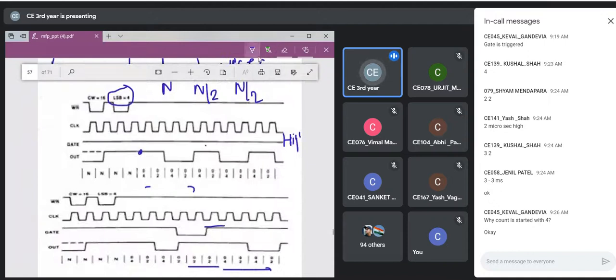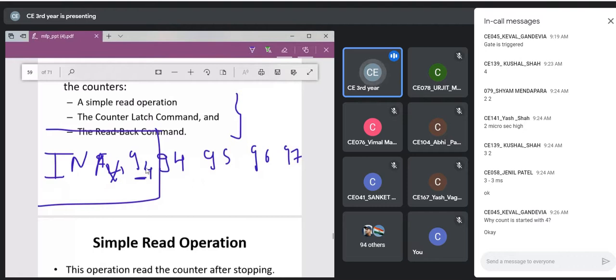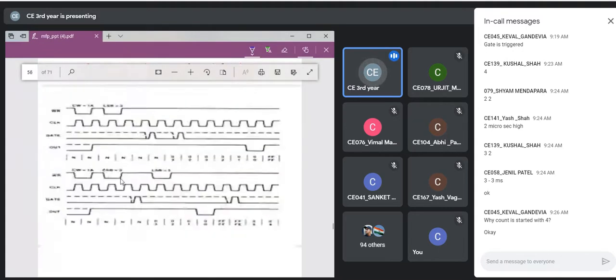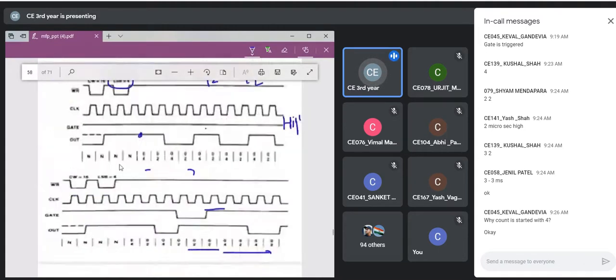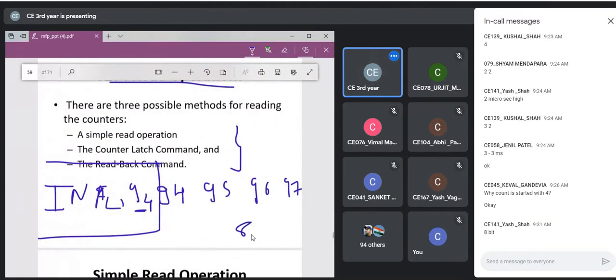Can you read 16 bits directly with the IN instruction? You cannot read 16 bits. Why can you not read 16 bits here? Because how many data lines does your 8253 have? Just 8 data lines, right?